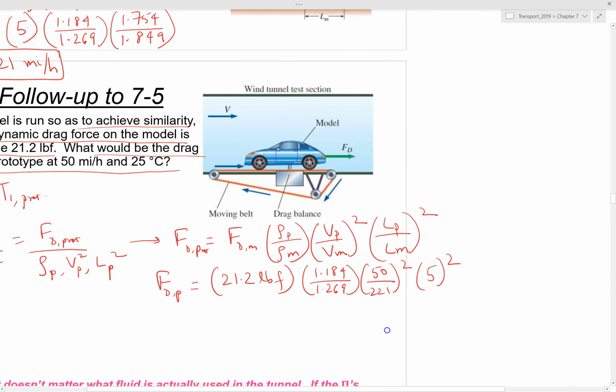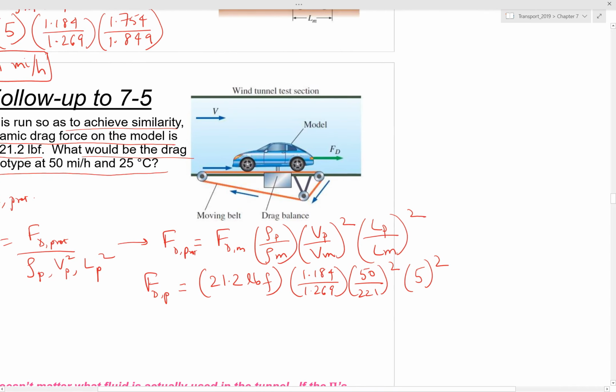So the thing to note here, whenever you are equating pies, is that mixed units do not really matter because you're taking ratios.